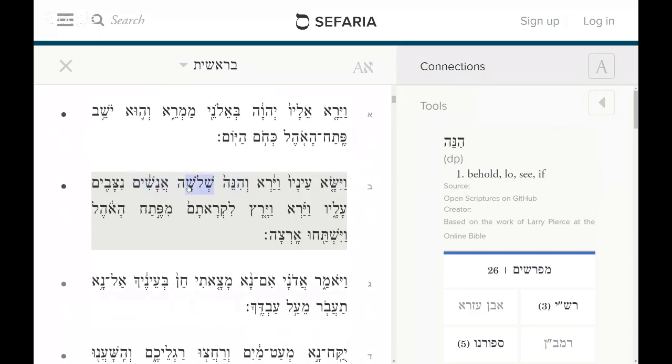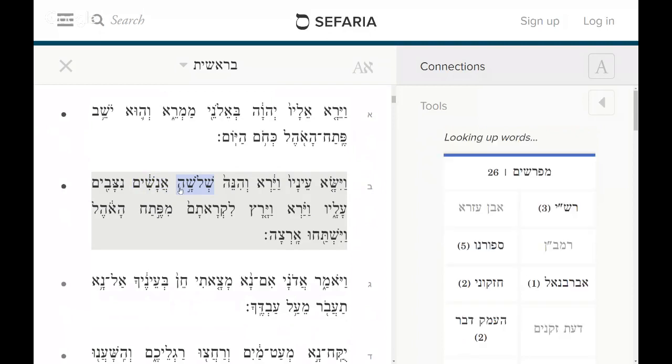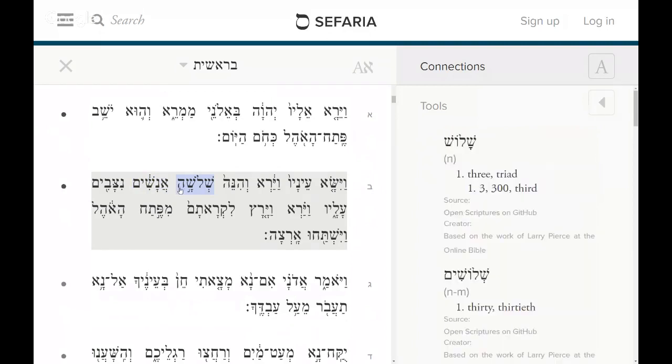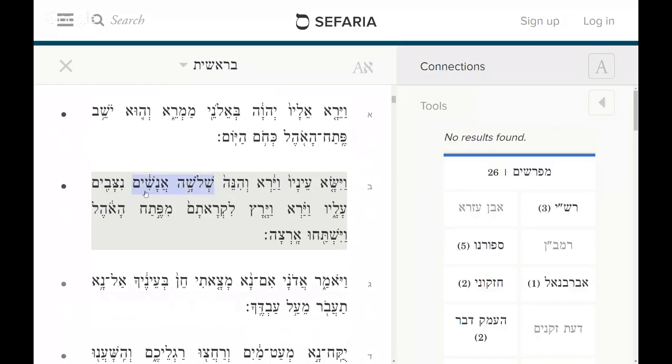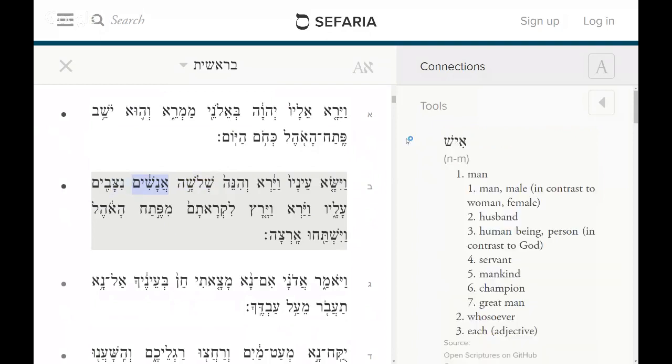Shlosha anashim. So shlosha means three, and anashim is men. You get used to this with Hebrew numbers, but it looks feminine, even though the masculine numbers end up looking feminine. The ending looks like a feminine ending, but that's what you use with masculine. So shlosha anashim. Anashim is the plural of ish. Ish is man. Anashim is men.